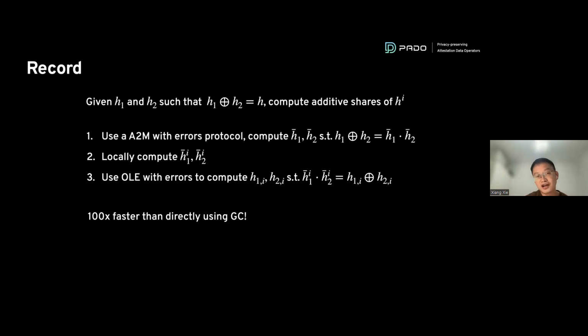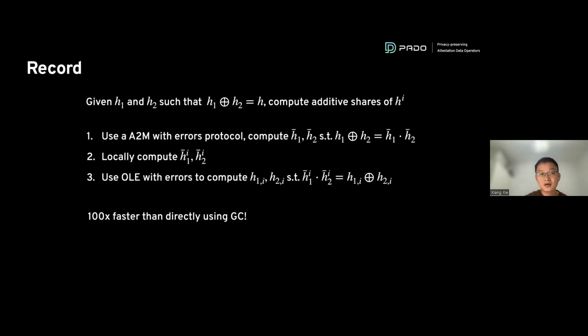We use A2M, the additive to multiplicative protocol, with errors. With errors means that we can guarantee the privacy, but we do not guarantee the correctness. In this way, we can compute H bar 1 and H bar 2, such that H1 XOR H2 equals the multiplication of H bar 1 and H bar 2.